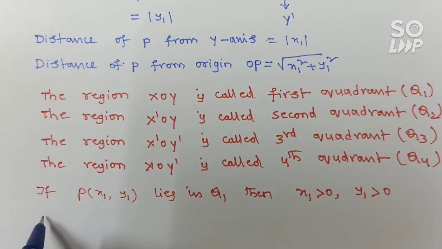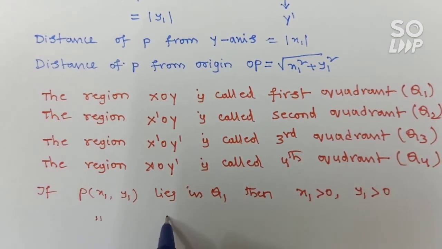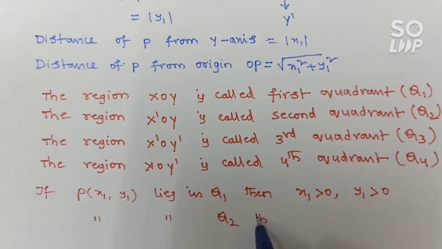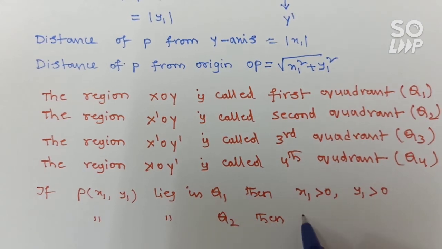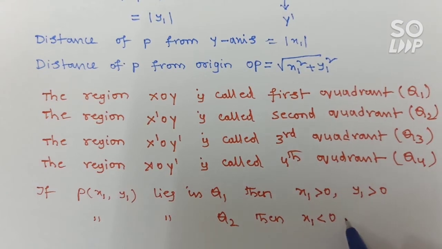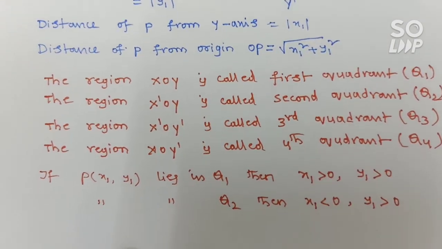Similarly, if P lies in Q2, then in the second quadrant the x coordinate will be negative, x1 is less than 0, and the y coordinate is positive, y1 is greater than 0.